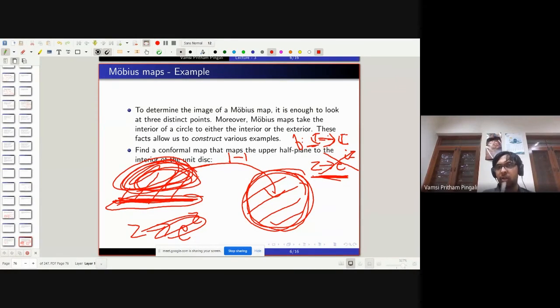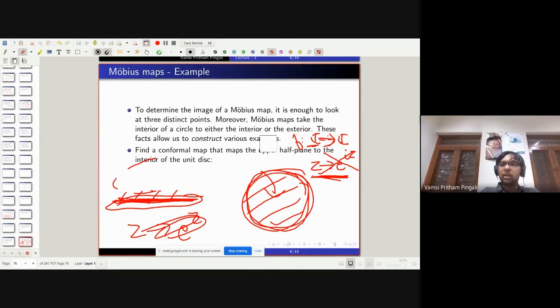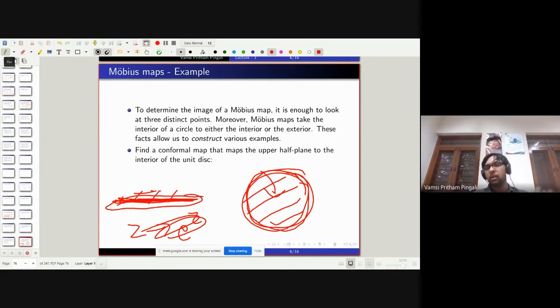Right. So first of all, let us agree that the conformal map that we are looking for is a Mobius transformation.